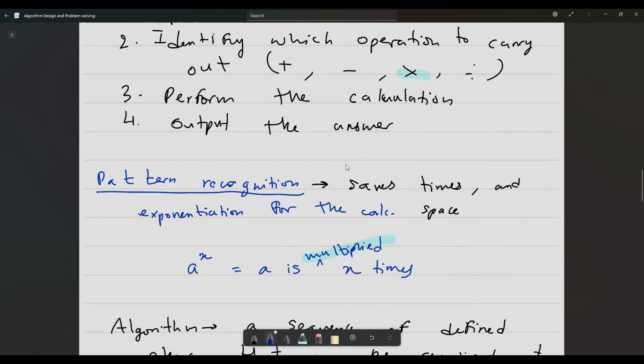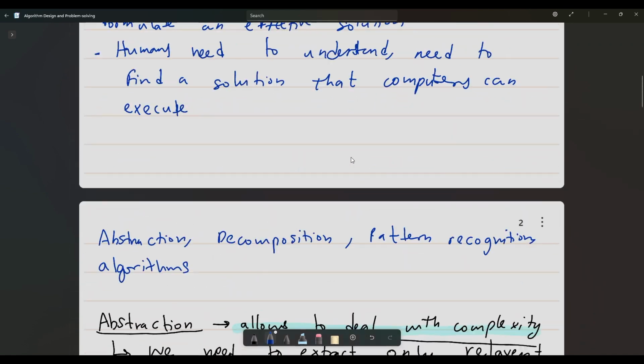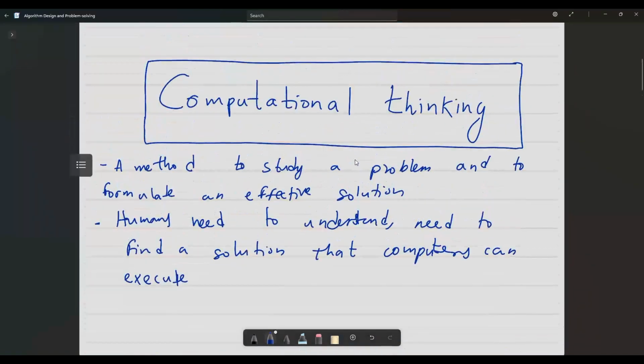So up till now, we just focused on the four main pillars of computational thinking. And just as a summary, we'll go through it, a 1 minute summary. So what is computational thinking? It's a method to study a problem and formulate an effective solution for it.